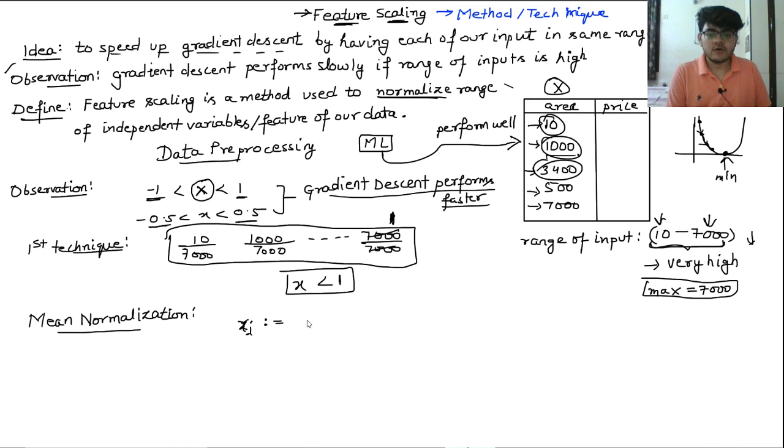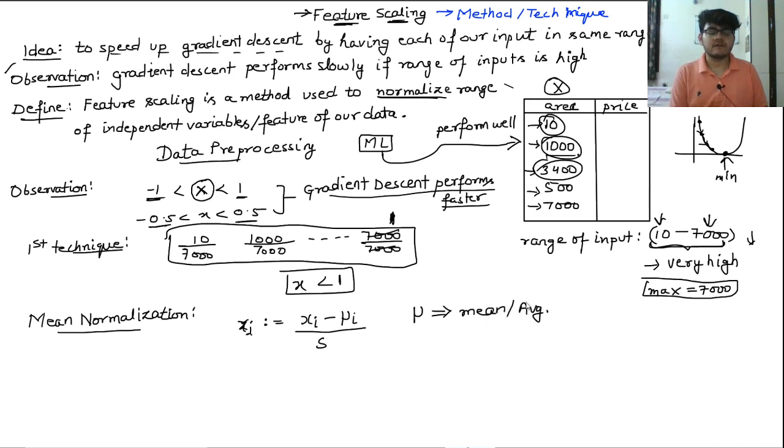So mean normalization says that what you have to do is subtract mu i from xi and divide by s. Now what is mu i? Mu is known as mean or average.